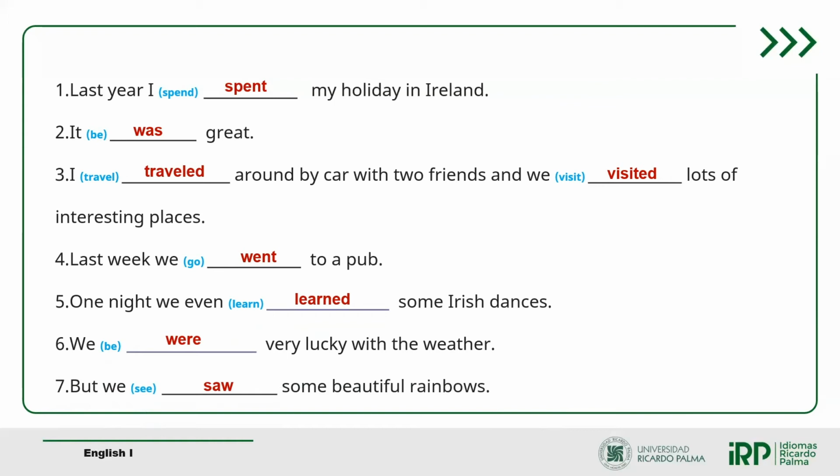Let's read them. Last year, I spent my holiday in Ireland. Repeat after me. It was great. I traveled around by car with 2 friends and we visited lots of interesting places.